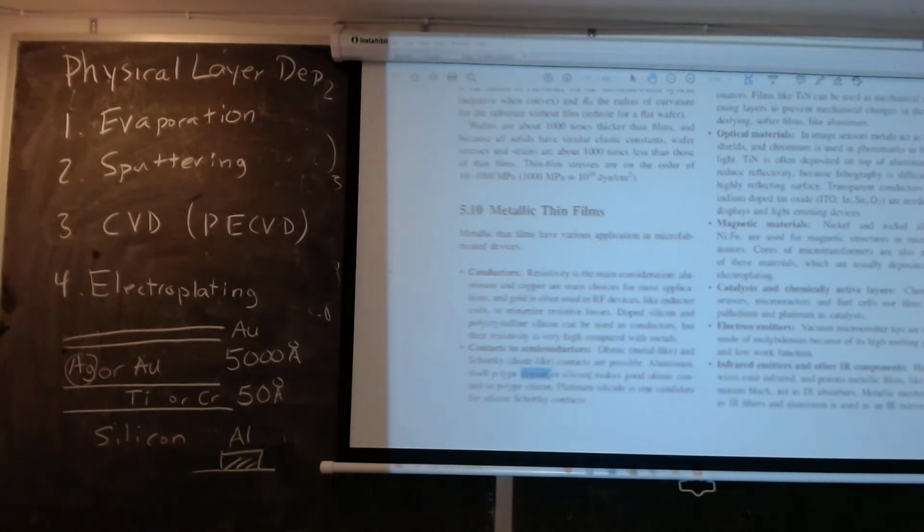Aluminum is group 3, so it's naturally a p-type dopant.